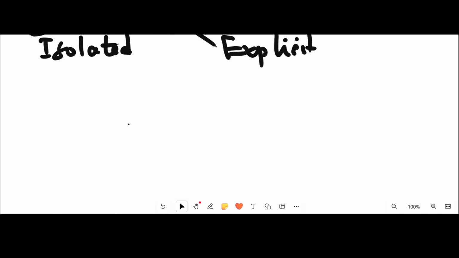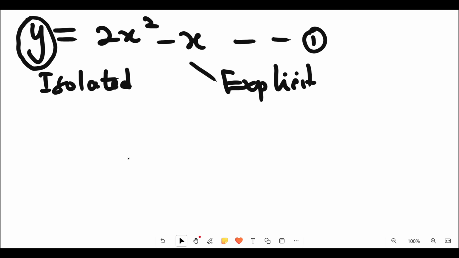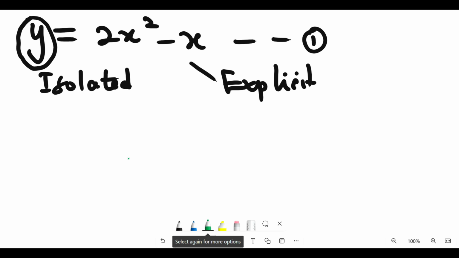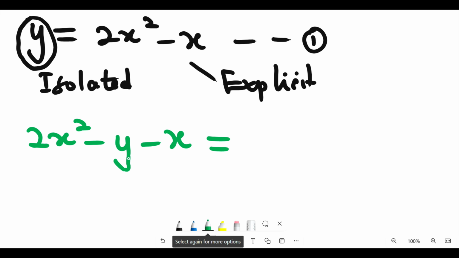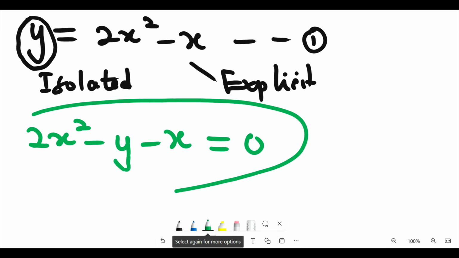If you have a function where the dependent variable is not isolated, let us take this example. If I have a function in the form 2x squared minus y minus x equal to 0, this function is called an implicit function.